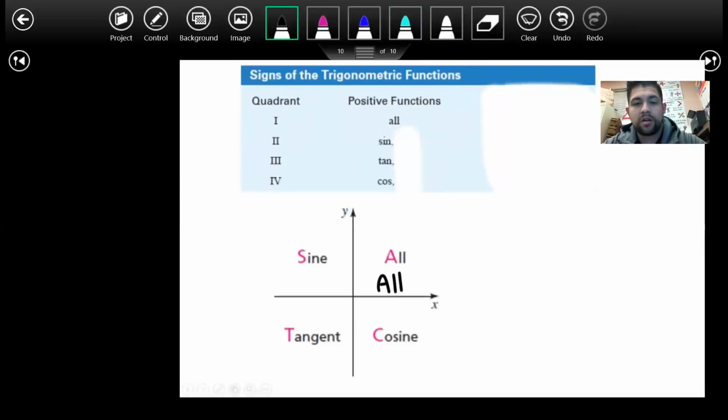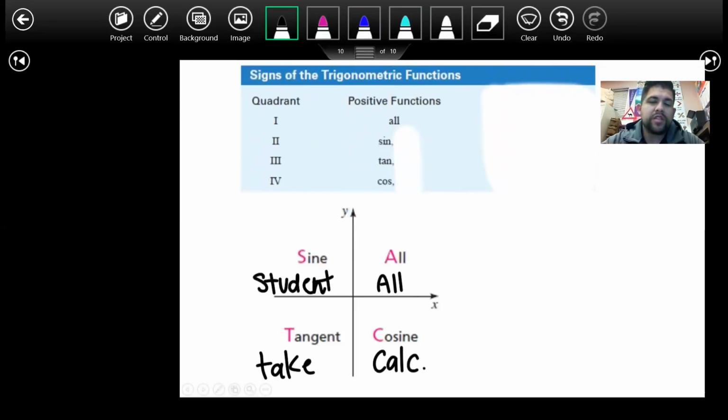Quadrant 1 is all. The reason we want to use that is whenever you're given a problem like the last one, which asks for a cosine of negative pi over 3, you can look at the unit circle and identify.